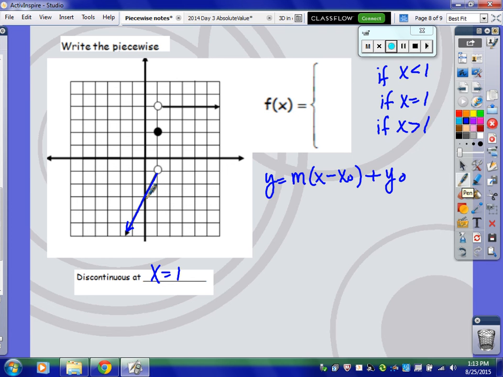We need a whole point, so let's use this one. You don't want to use any fractional points because then we can't read what it is. All right, so my slope is 2. x minus 0, minus 3, because this point is 0, negative 3. So that means that my equation for that first piece of my line is 2x minus 3.